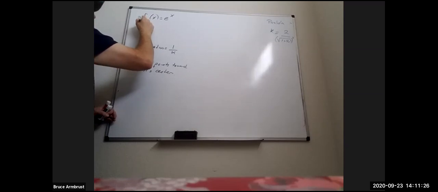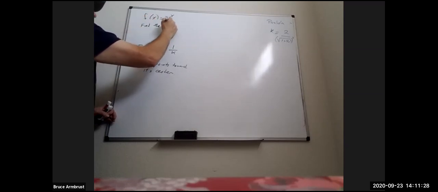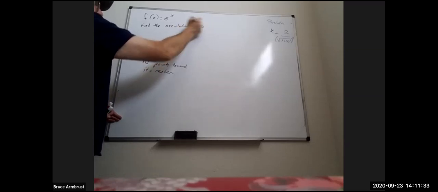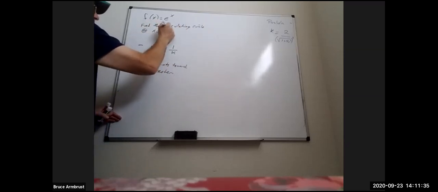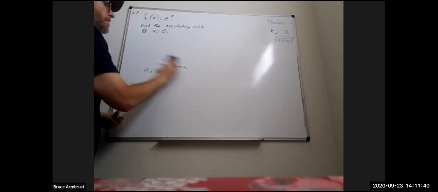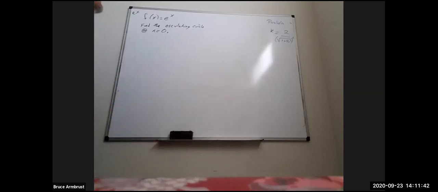And let's find the osculating circle at x equals 0. Okay, so you all know what y equals e to the x looks like. We're just going to see if we can find the circle of best fit when we're at the point x equals 0.